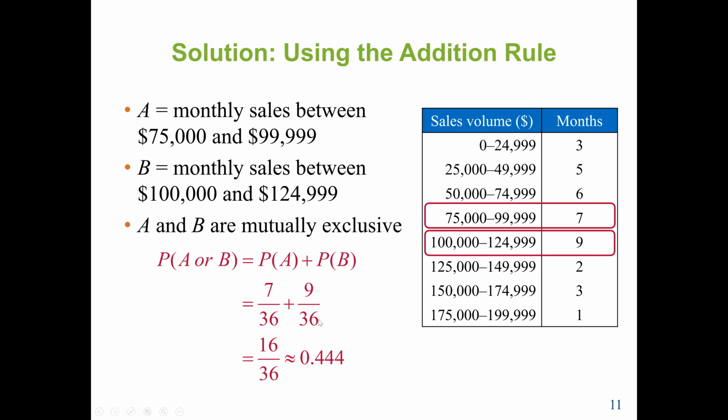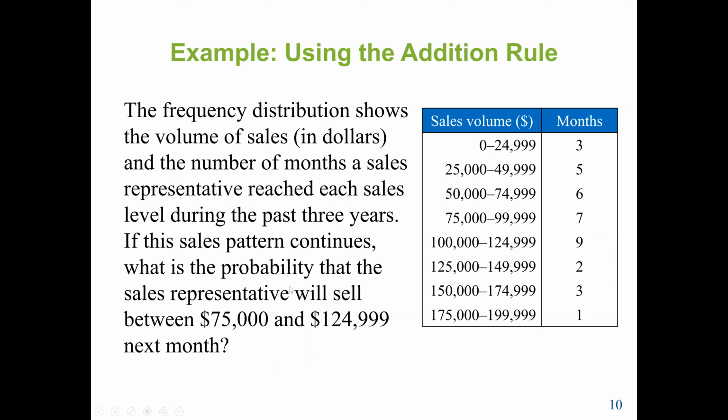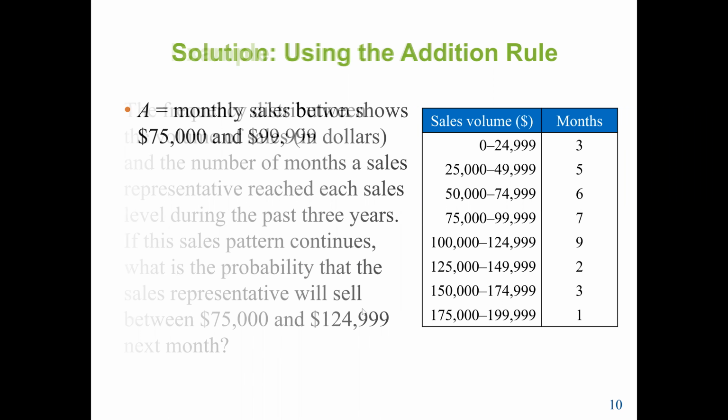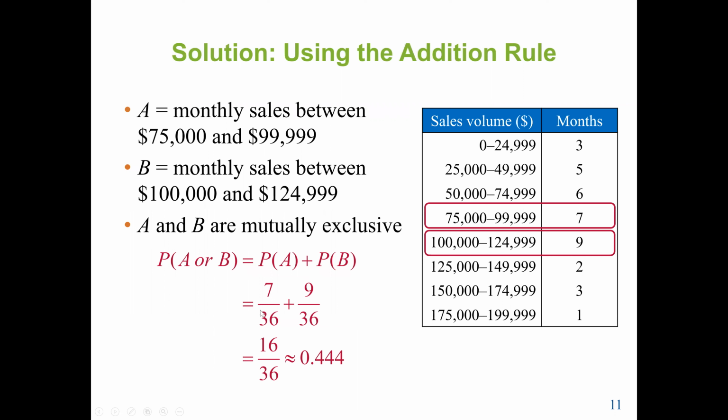We add the two together. Again, why we are using 36, we can see from the question: they said the number of months a sales rep reached each sales level during the past 3 years. So the total is a 3-year period, that's why we have 7 months over 36 months plus 9 over 36 months. So roughly, the answer will be 0.444.